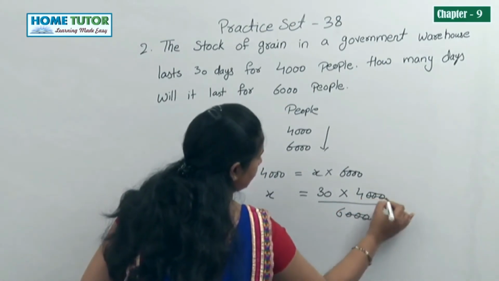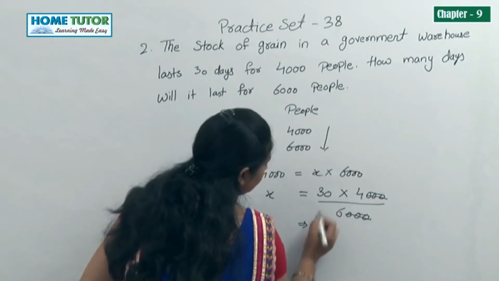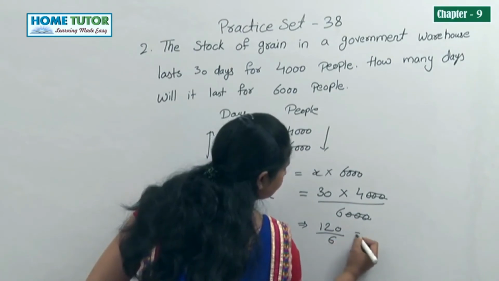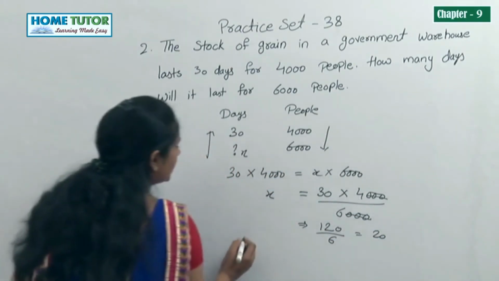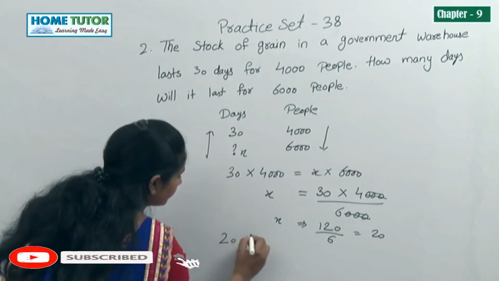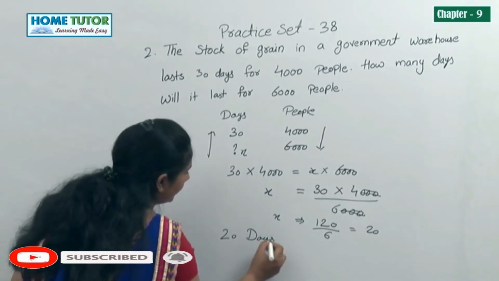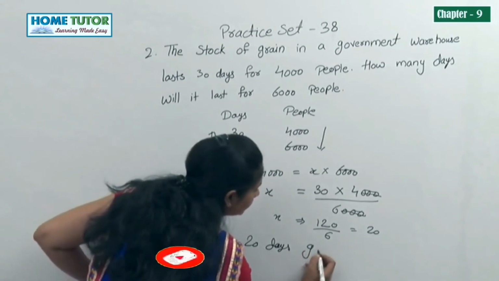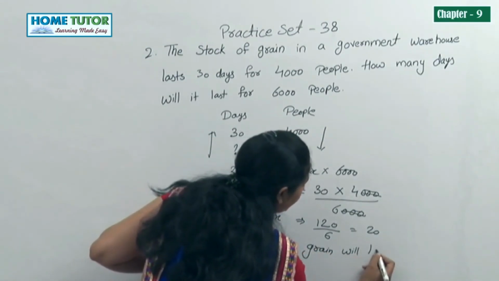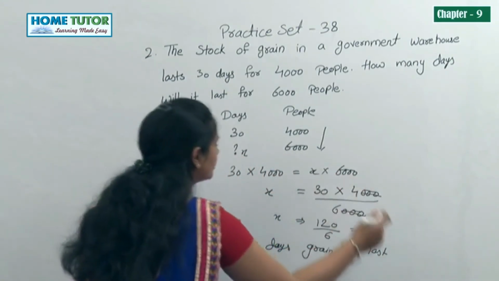So 3 zeros cancel. 30 4s are 120 divided by 6 is equals to 20. So the value of x is 20, means 20 days the grain will last for 6,000 people.